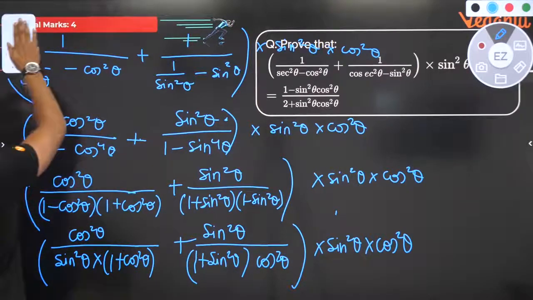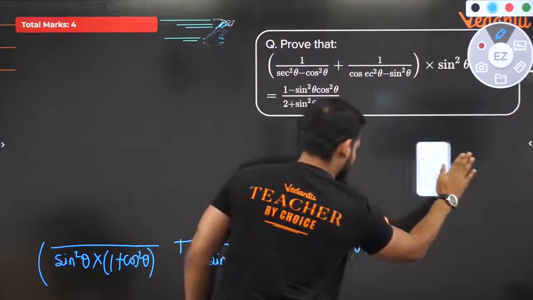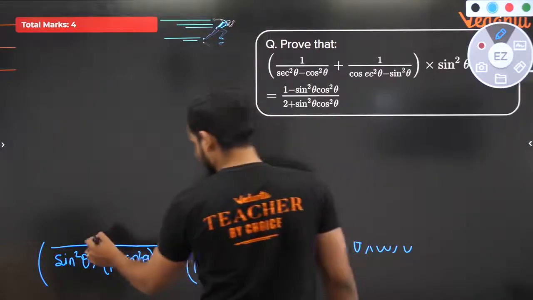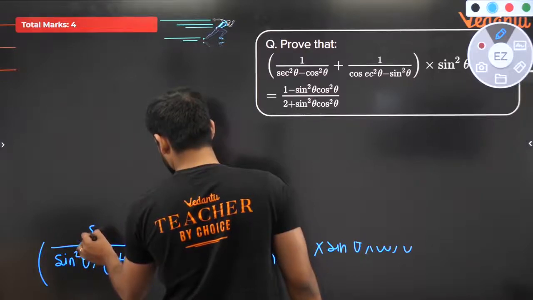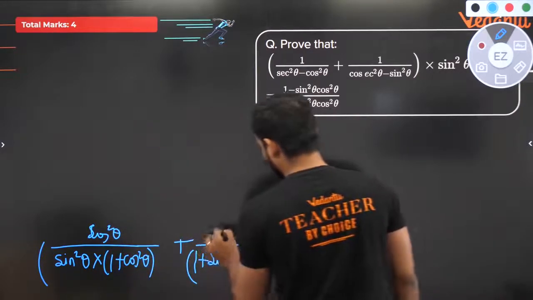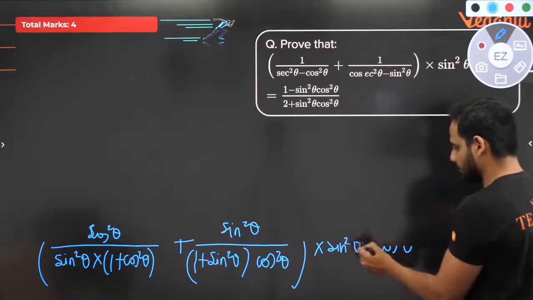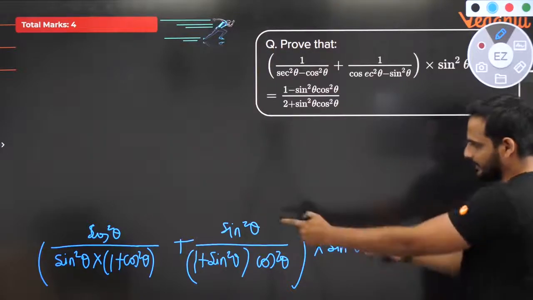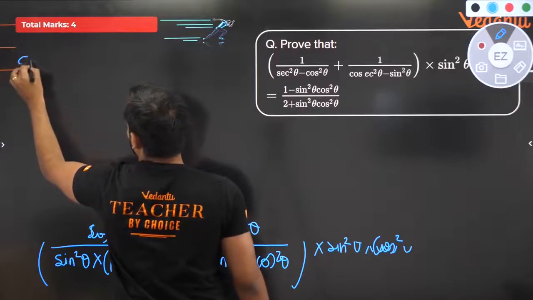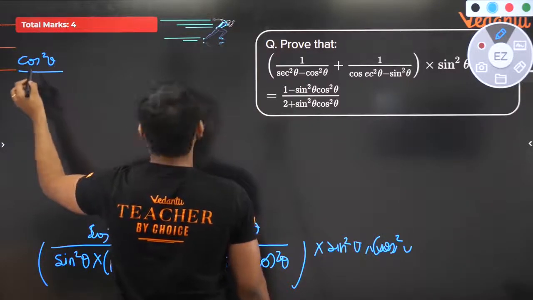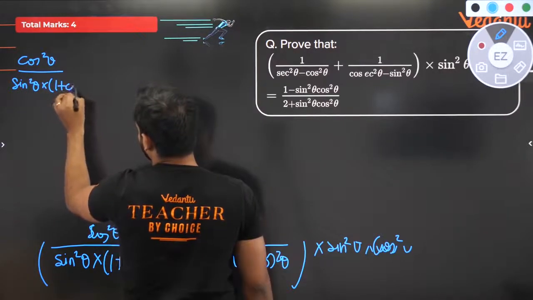Now understand the next part, what I am going to do next. What we had here was cos square theta, and here we had sin square theta. Now I will multiply this sin square theta into cos square theta. This part I will multiply here. So see what will become: here I have cos square theta divided by sin square theta into 1 plus cos square theta.